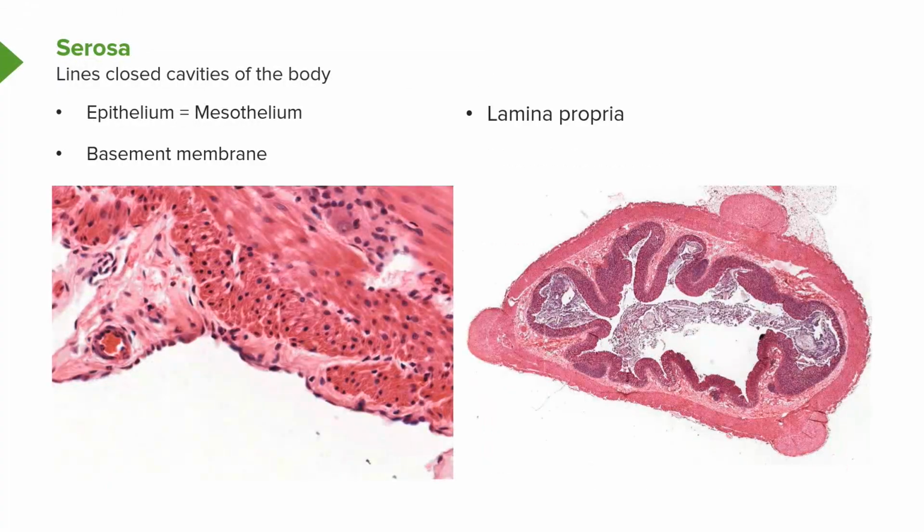Well, let's look at a serosa. A serosa is an epithelial surface that lines cavities of the body that are closed. They're not exposed to the exterior of the body.